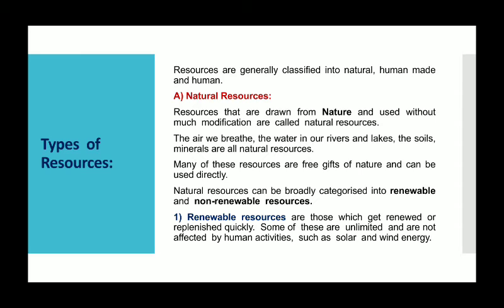For example, for lighting purposes, we use solar energy. Wind energy is being used in grinding mills, or we can say windmills. So these are free and these are called renewable. They get renewed within a short period of time.